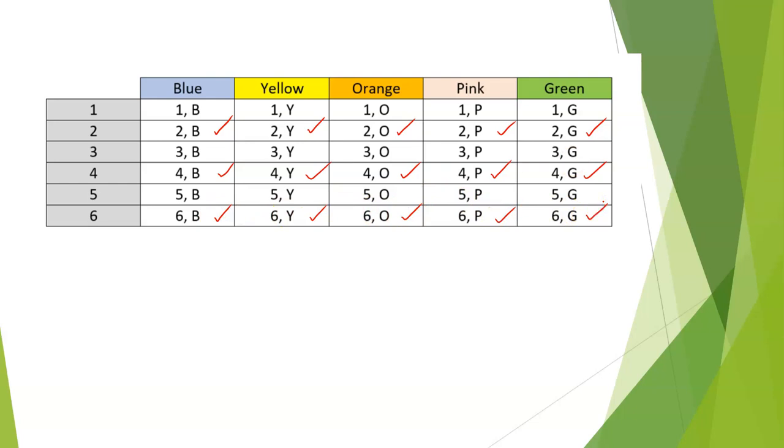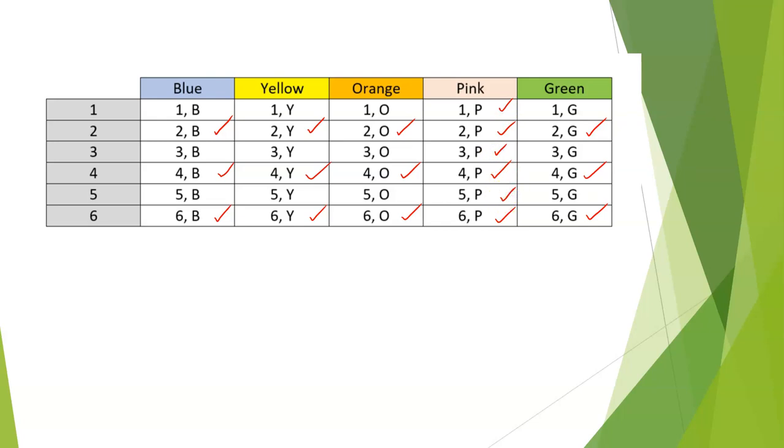Now we want to find those outcomes where we have got a pink with the spinner. I have already ticked 3 of these outcomes where we got pink with the spinner, but there are 3 more. There's this one here, and this one here.